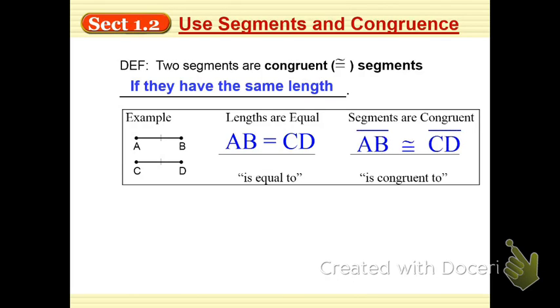When we use congruence, we're talking about the picture. This picture has the same length as this picture, so they are congruent. The pictures are the same. So I use the symbol above it: segment AB is congruent to segment CD. When you use congruence, you put the symbol over it. When you use length, which is a number, you just put the letters.